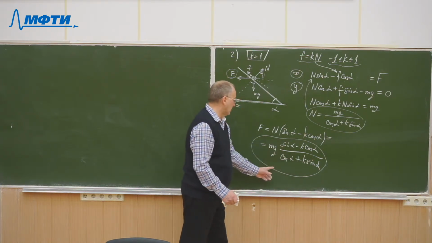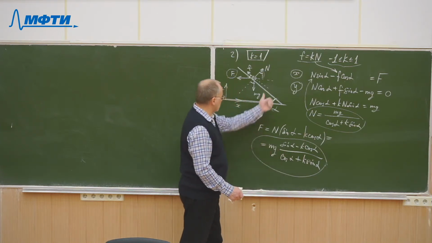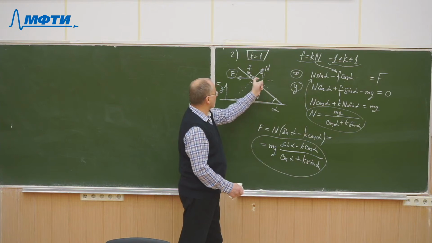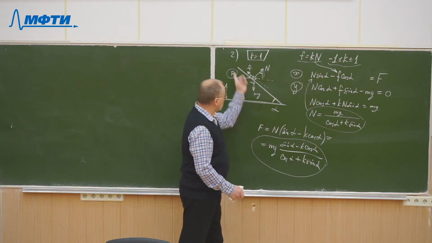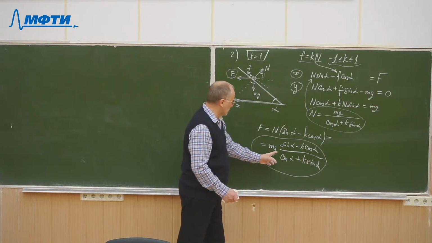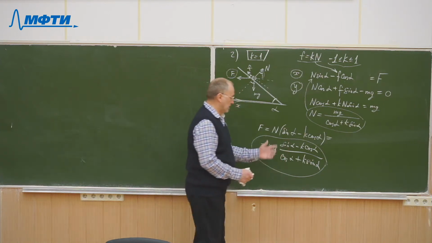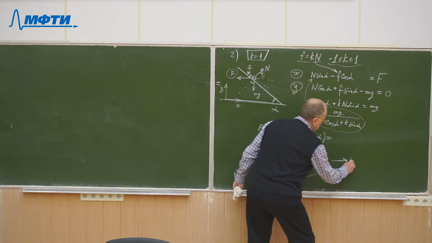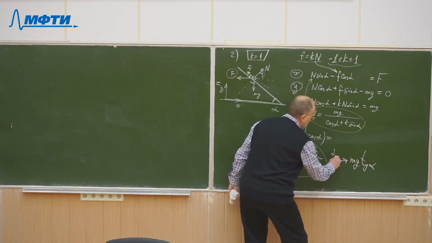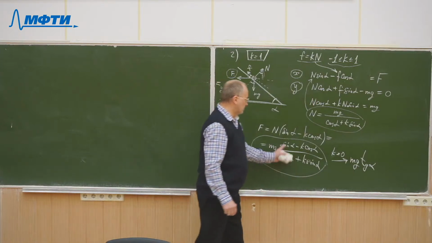This is tangent alpha. And we obtain a very well-known formula for the force which is necessary to sustain this body at rest if the slope is frictionless. That will be mg tangent alpha, if coefficient of friction k is 0.